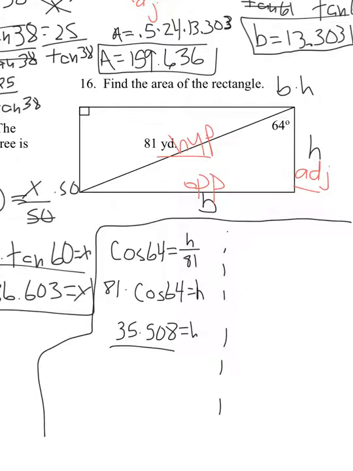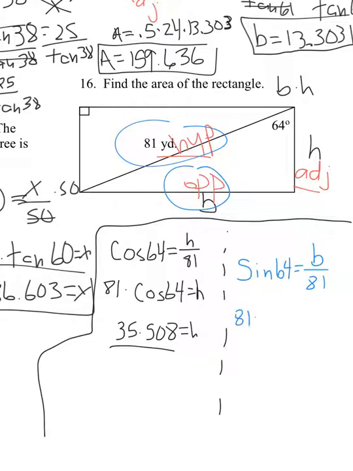Now let's get the base. So for the base, we have opposite and hypotenuse, which is going to be sine. So sine 64 equals opposite b over 81. So you'll notice the problems are very similar with the numbers. It's just, one's cosine, one's sine. But that's going to make them different lengths, obviously.